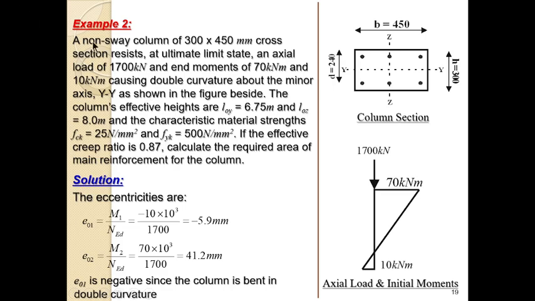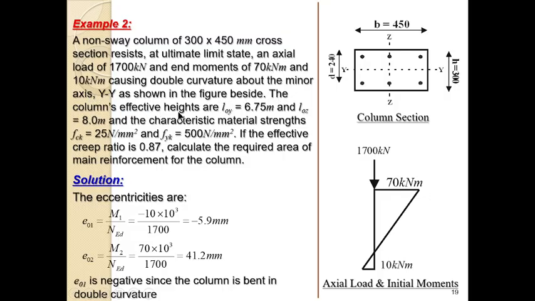So example 2 says a non-sway column of 300 times 450 millimeter cross section receives an ultimate limit state axial load of 1,700 kilonewton and end moments of 70 kilonewton meter and 10 kilonewton meter, causing double curvature about the minor axis YY, as shown in the figure beside.